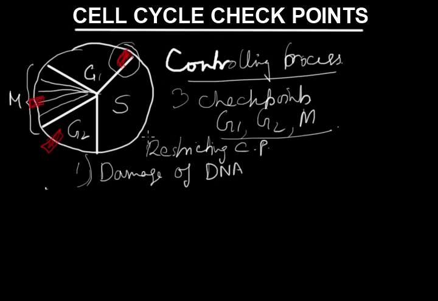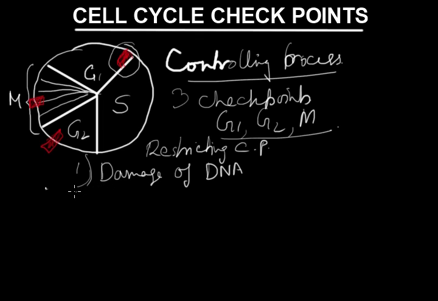Because DNA has to be replicated at S phase, it is essential to check whether the DNA is damaged. If DNA damage occurs, the cycle halts at G1, which means the cell might go into cellular arrest.